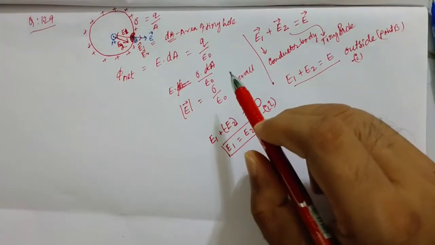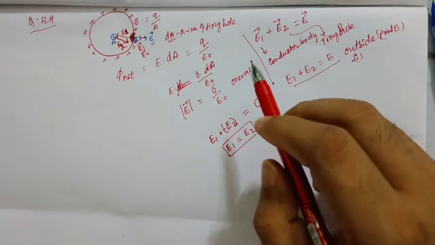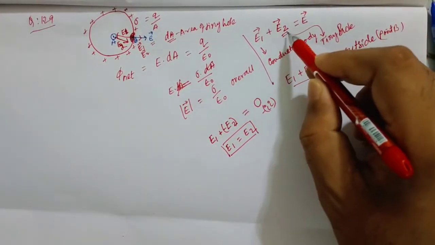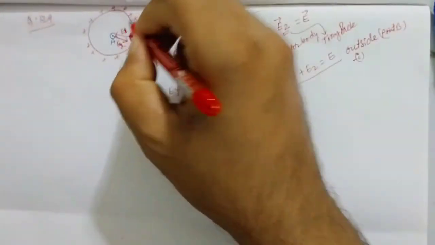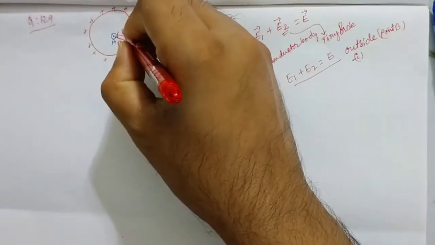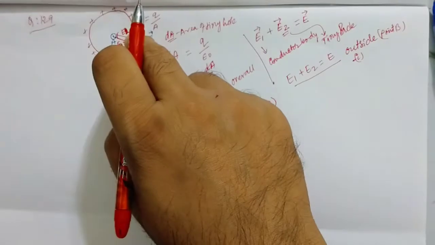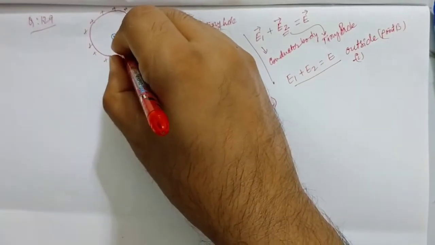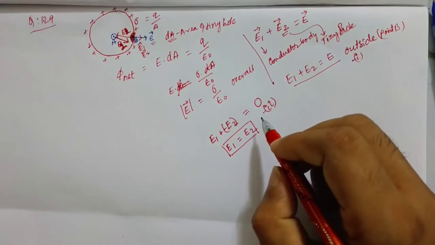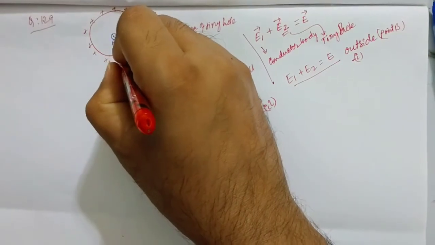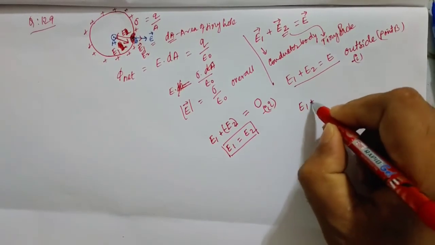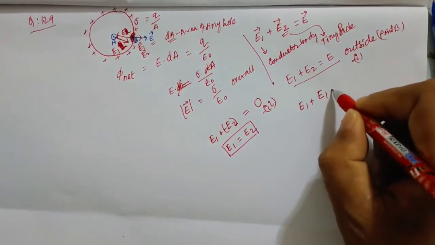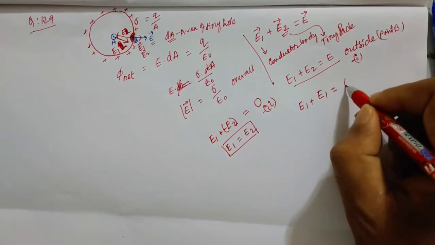So in reality there is no E1, this is E2 actually, because we consider the tiny hole, so this is E2 and this is E1.